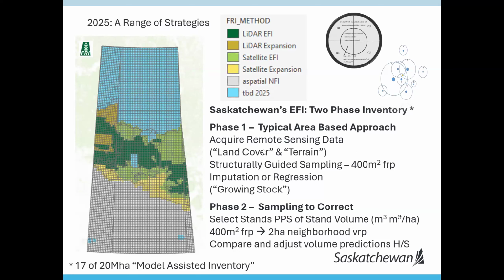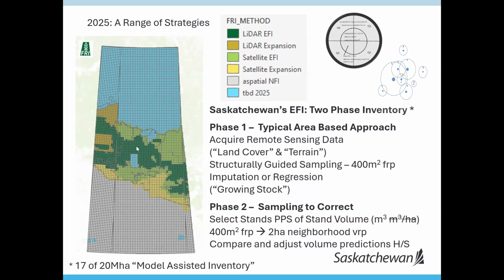In the first phase, we acquire remote sensing data, which is typically Sentinel imagery and radar, and that's the areas shown here in the light green. That's the strategy we've used. Or LiDAR, aerial laser scanning, ALS, LiDAR data in the areas shown in dark green. So for our most active forest land base, we've gone with LiDAR solutions.